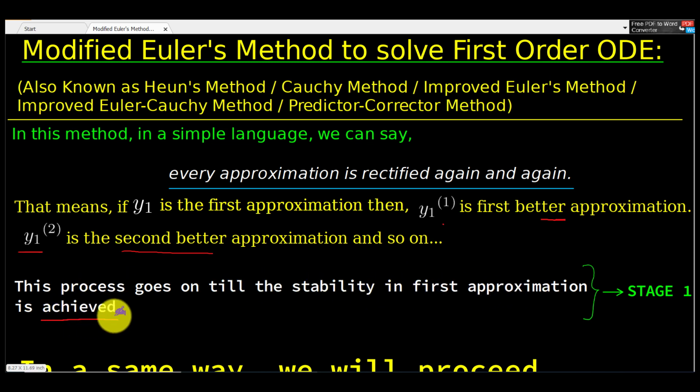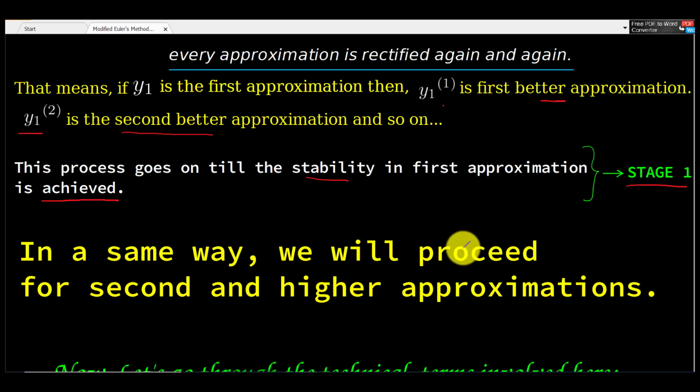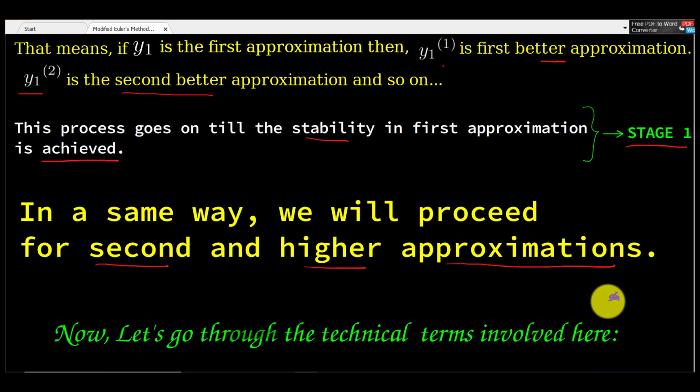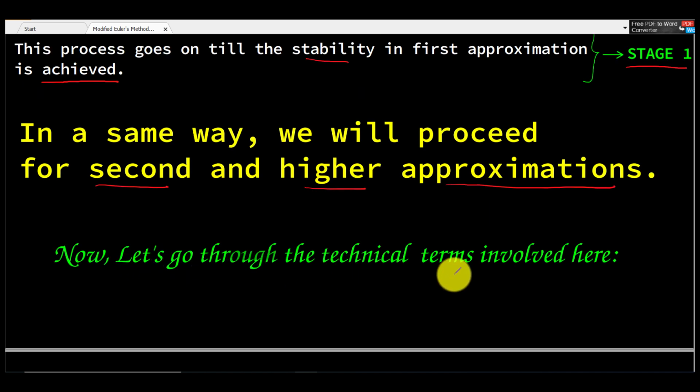This is quite important, and this process up to the stability of the first approximation is called stage 1. In the same way, we will proceed for second and higher approximations to reach the desired accuracy. Now let's go through the technical terms involved here.